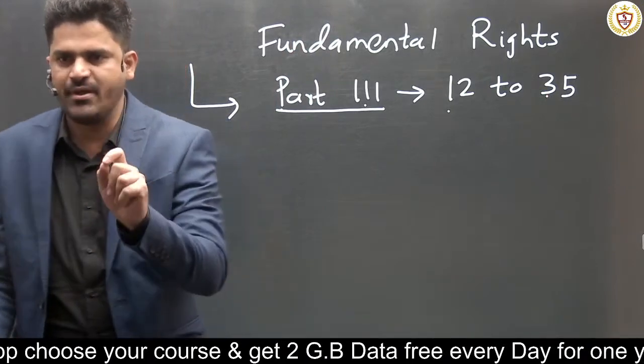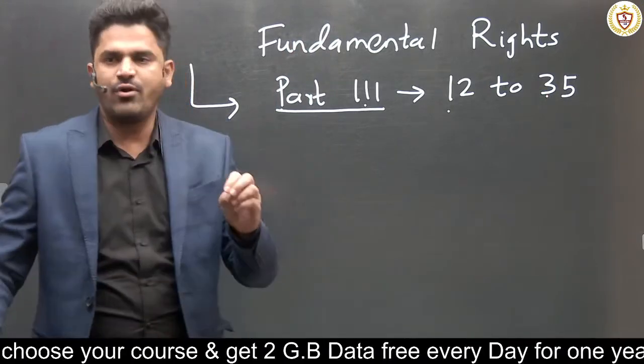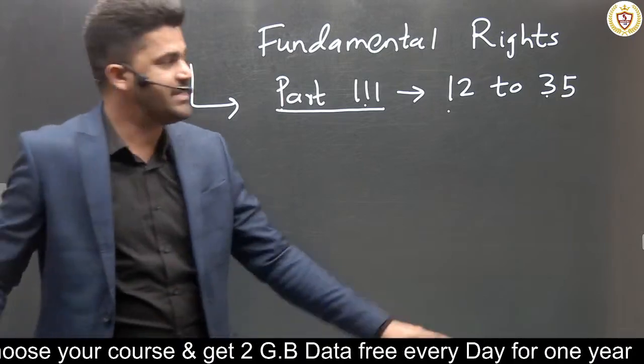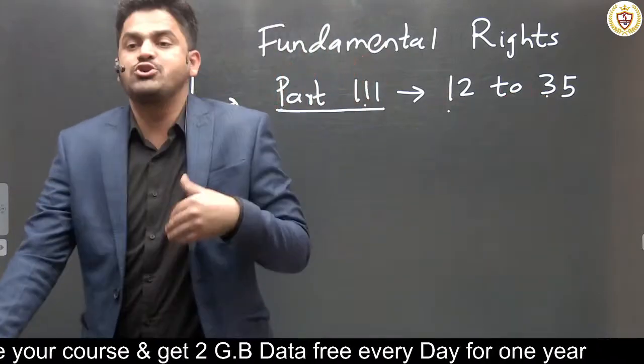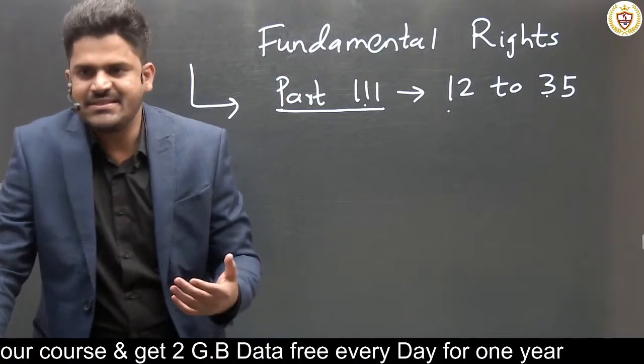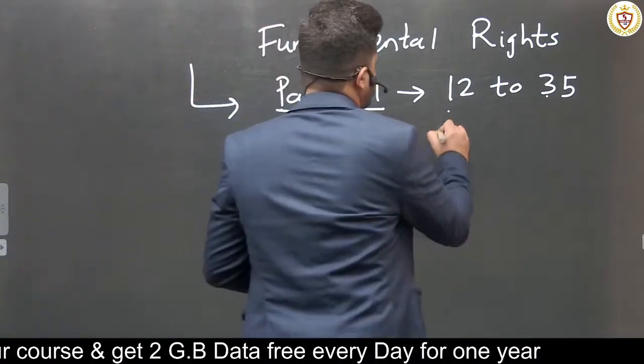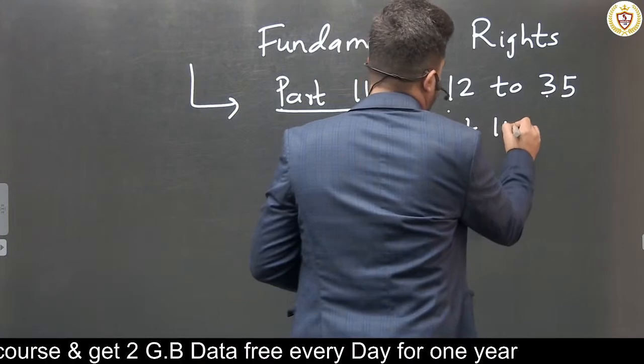Remember, the chapter Part 3, or the chapter on fundamental rights, starts from Article 12 and it ends on Article 35. But the actual fundamental rights start from Article 14.